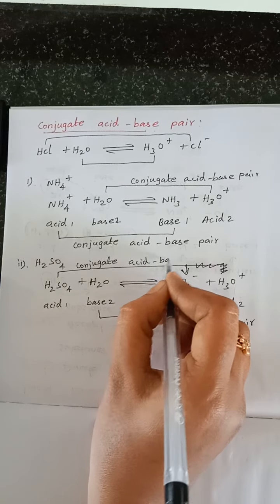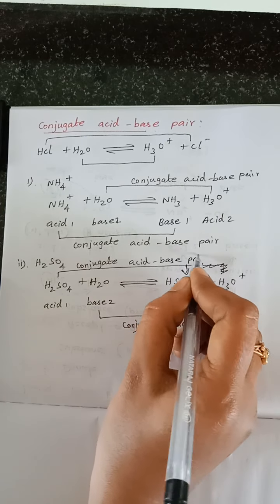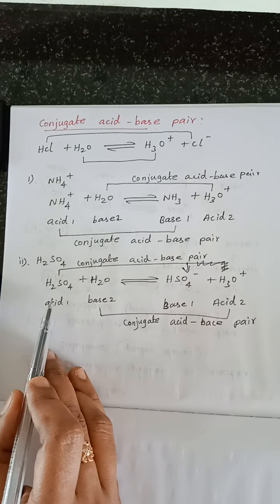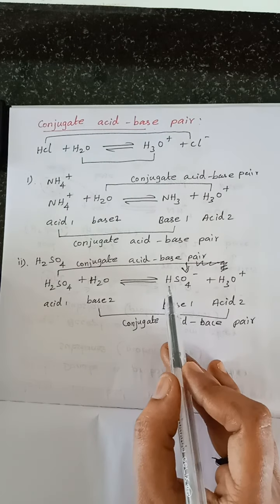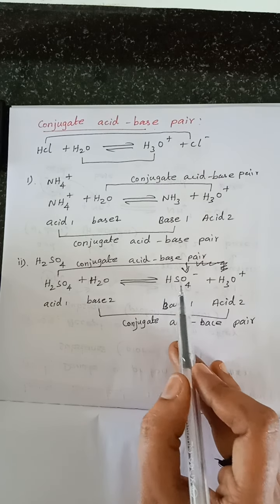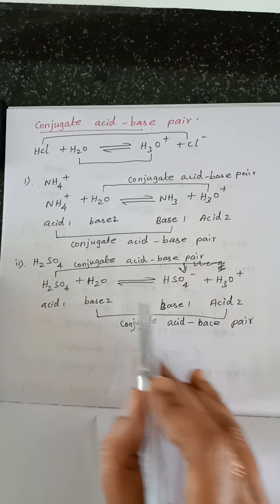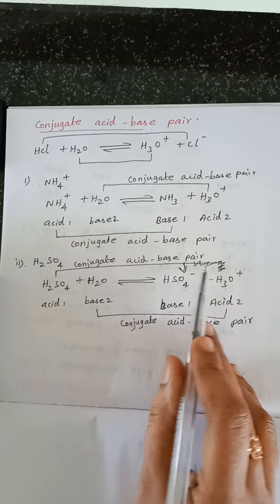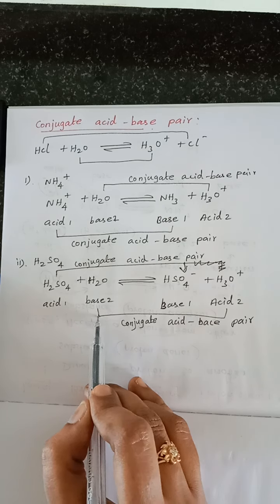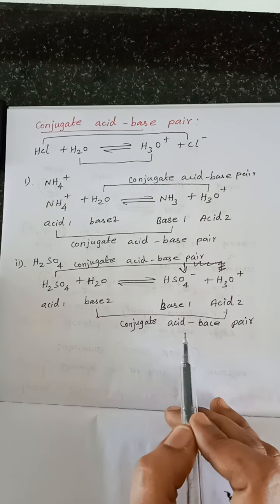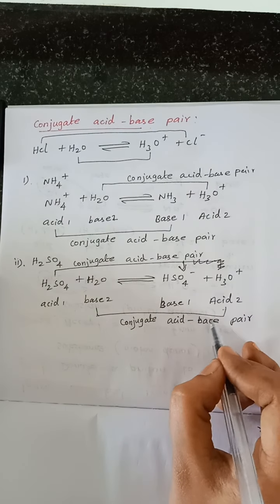Sulfuric acid to HSO4- is acid 1 to base 1, a conjugate acid base pair.